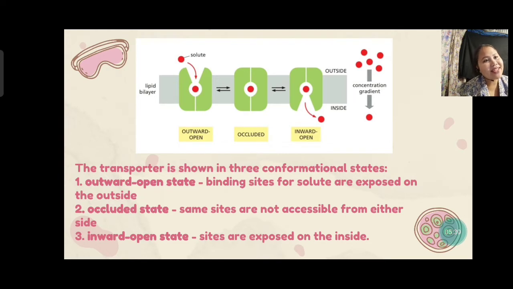While in the occluded state, the same sites are not accessible from either side, so the solute is in the center. While in the inward open state, the sites are exposed on the inside.